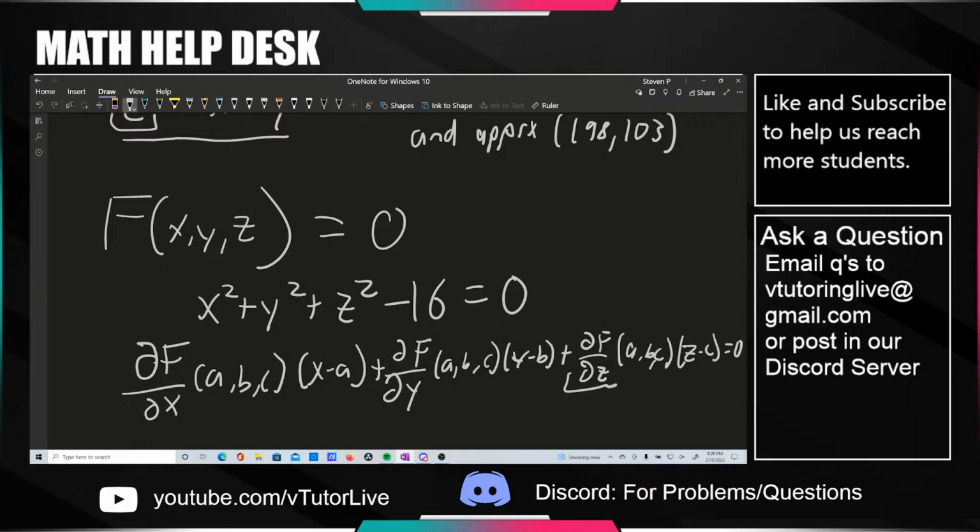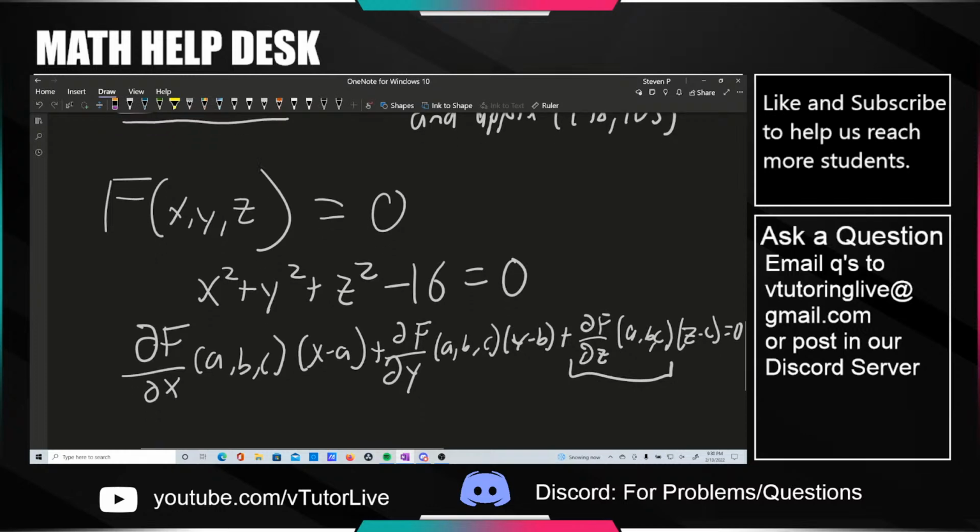It's exactly as you would hope, meaning that it's just the slope in the z direction times the displacement in z, right?